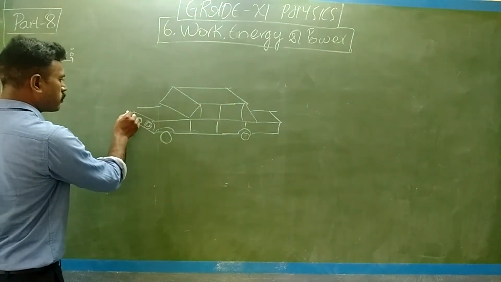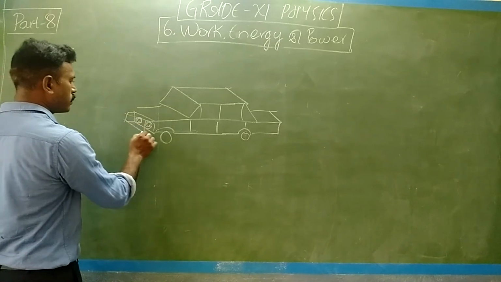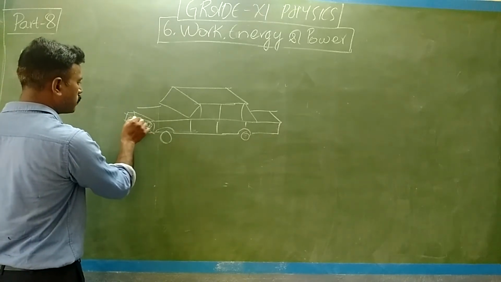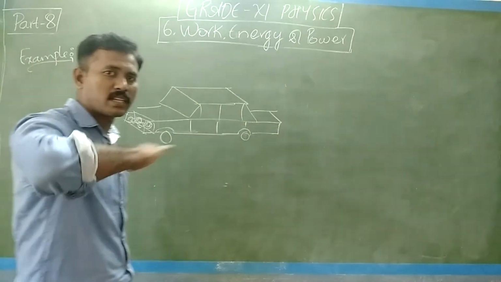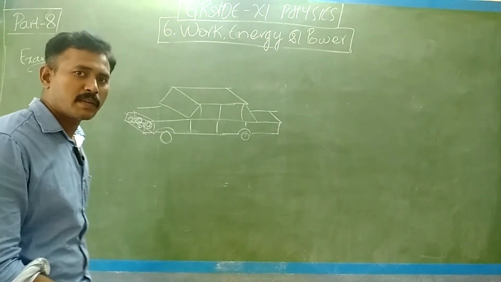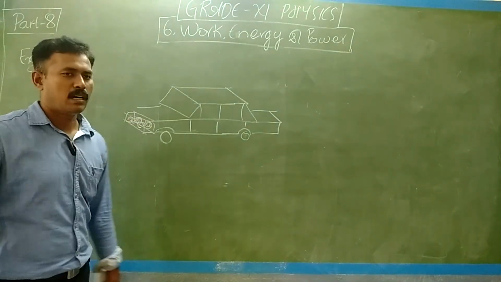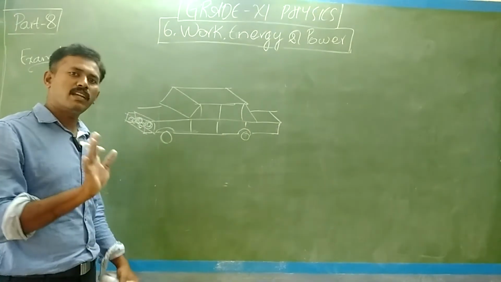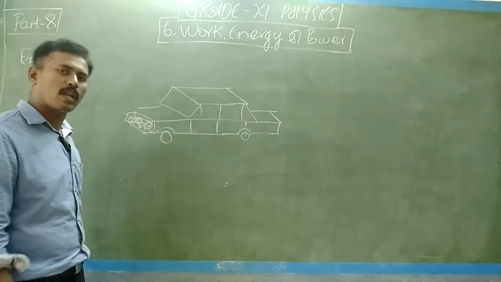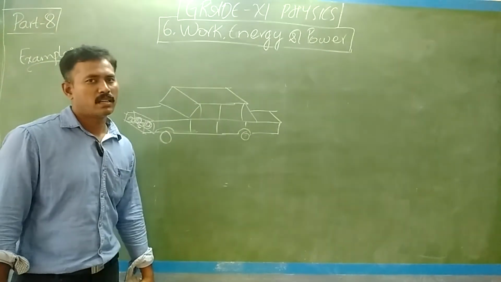So on this front side you have a spring. A spring system is introduced in the horizontal direction. So when there is a horizontal direction, if the spring hits straight, the vehicle will only vibrate. The vehicle will not get collapsed if it hits another vehicle.